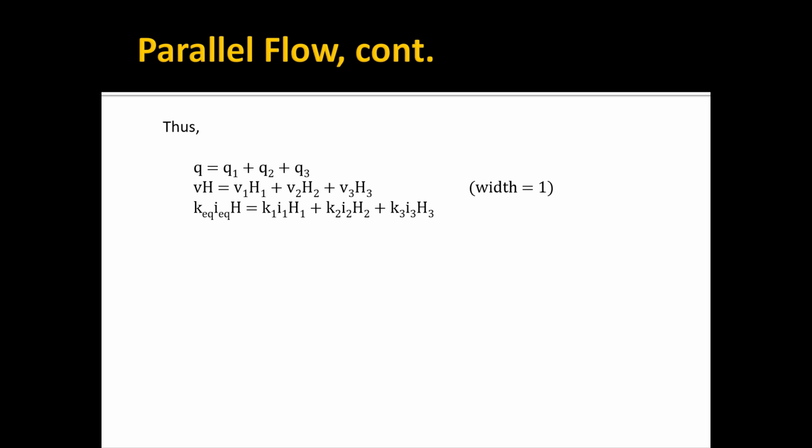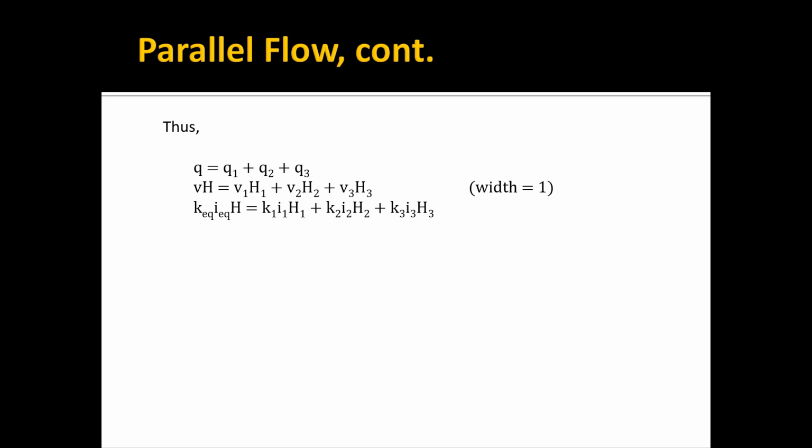Remember, one of the forms of Darcy's law is V equals Ki. So on the left we have K equivalent, I equivalent. K equivalent is the equivalent hydraulic conductivity for the layered system as a whole. And then K_eq times I_eq times H is equal to those terms on the right. We've just replaced V1 with K1I1, V2 with K2I2, and so forth.